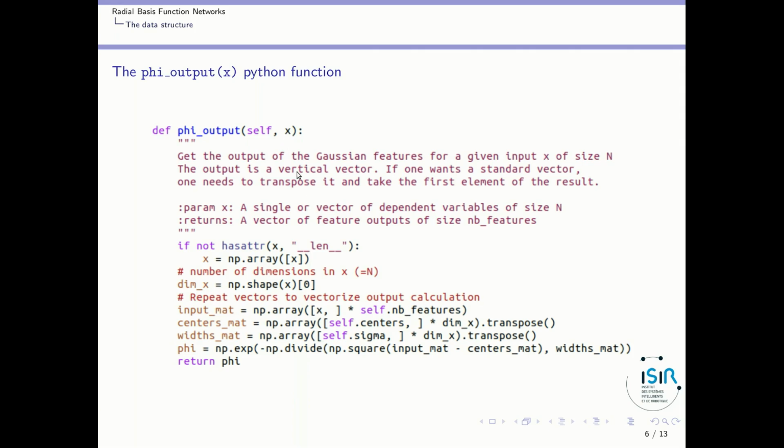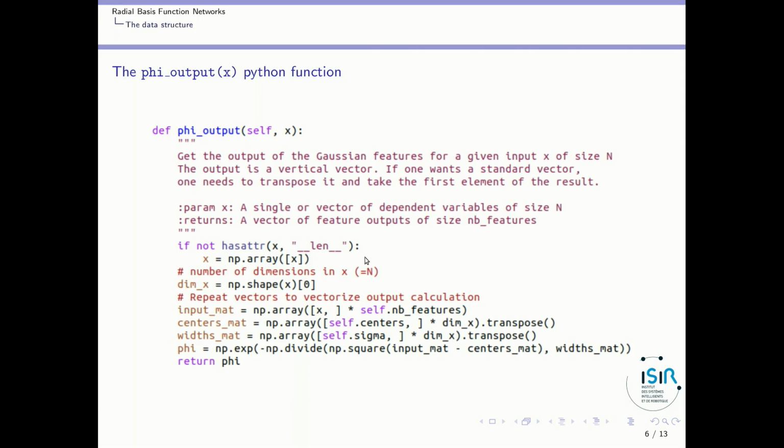If it's a single value, then it has no attribute len, and I will then transform it into a numpy array which has just that particular value. If it's not a single value, then it's a vector, and I will determine the dimension of this vector by taking the shape of the first dimension of the vector.